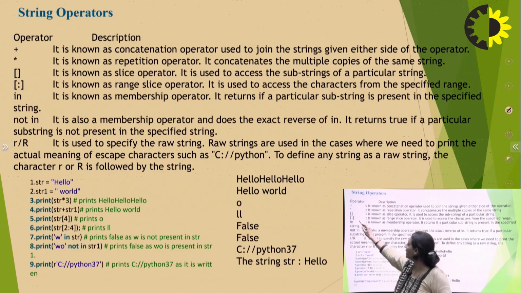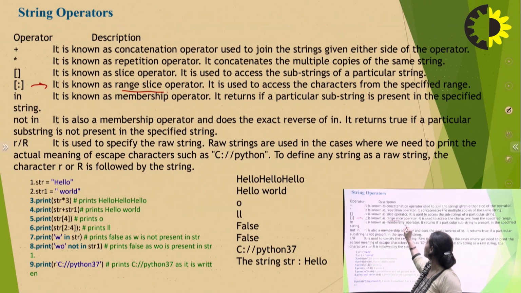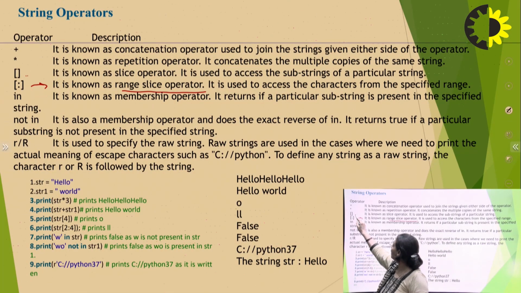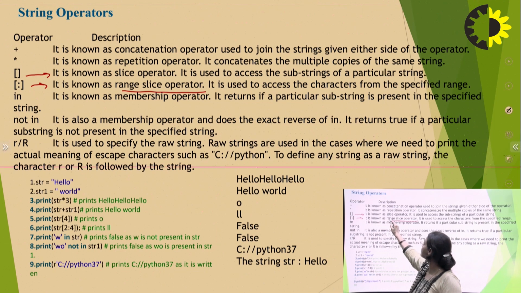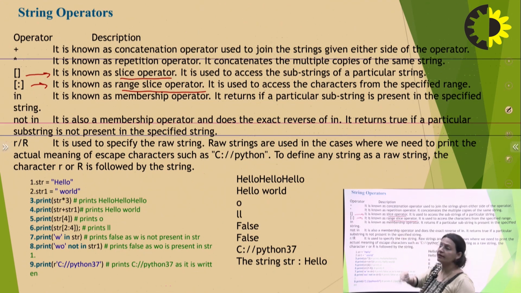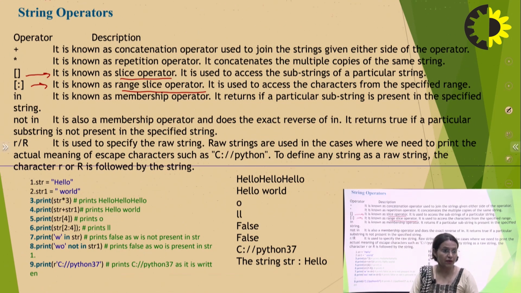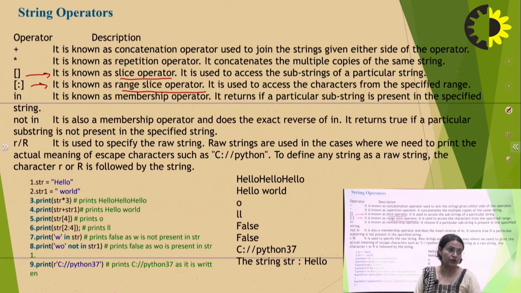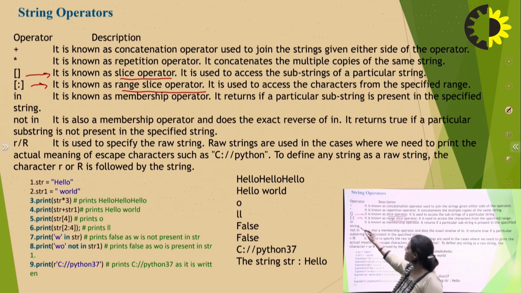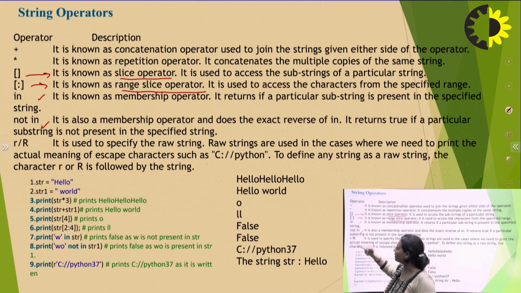This is the range slice operator, which we discussed in the previous slide. This is how you access a slice with the help of characters, or using the slice function. The next are the in operator and the not in operator of the string.